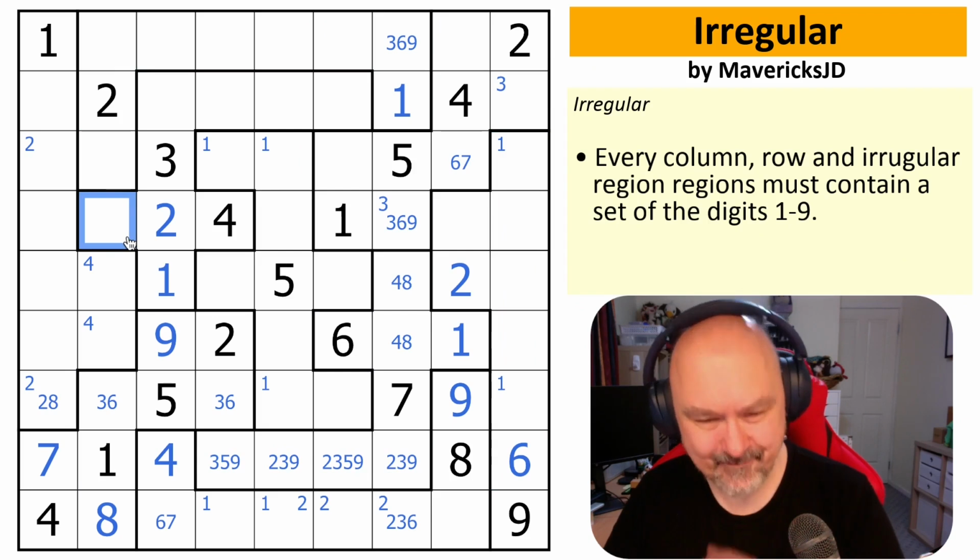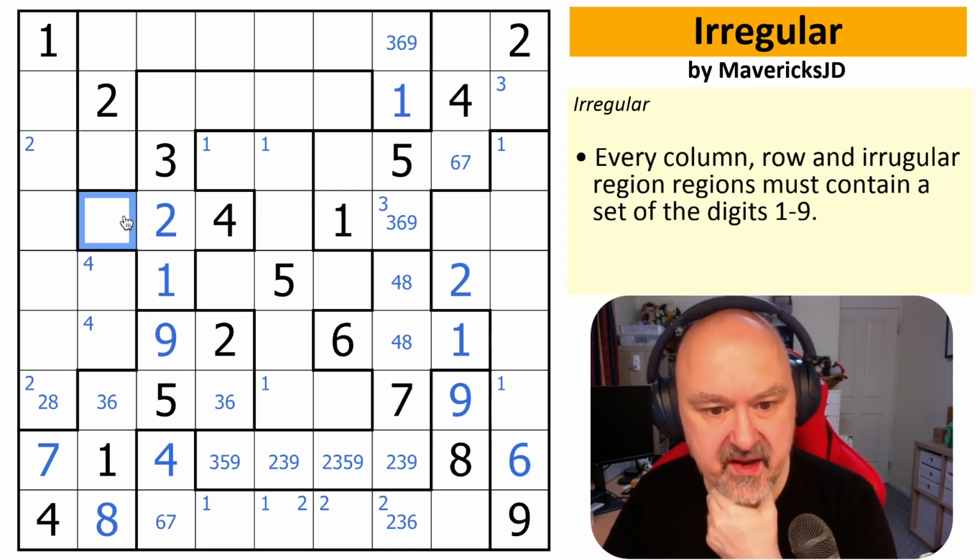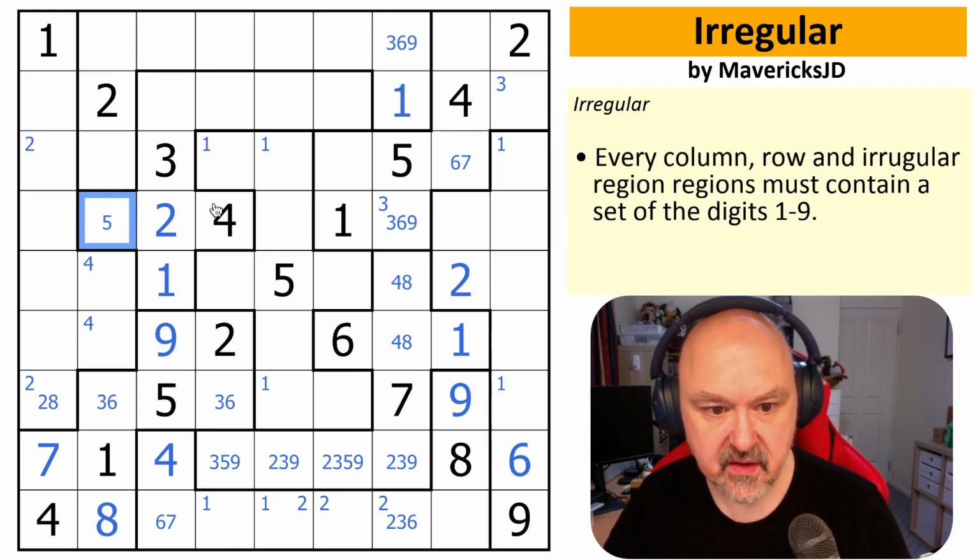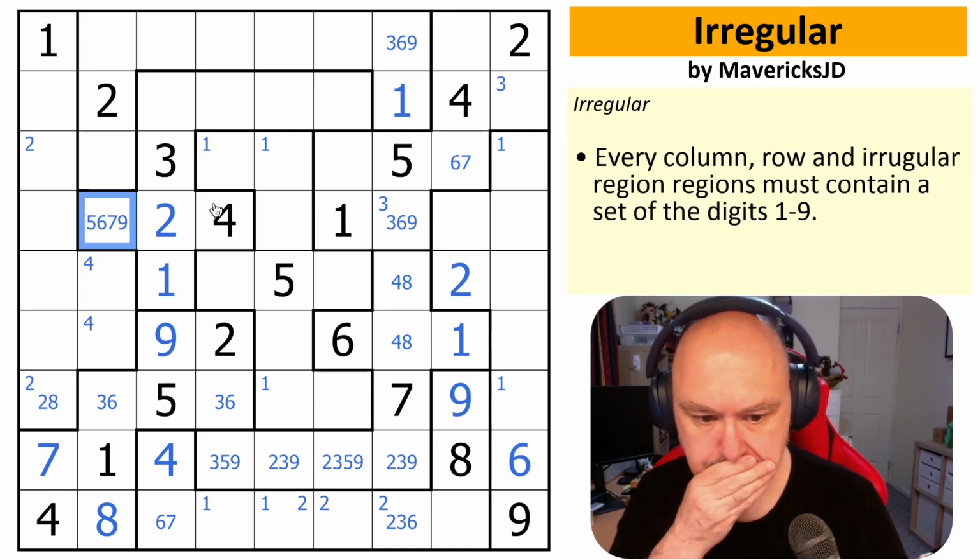Oh, I don't know what that is yet. How do I figure out? 1, 2, 3, 4. It could be 5. It could be 6. It could be 7. It could be 9. I've missed something, I'm sure.